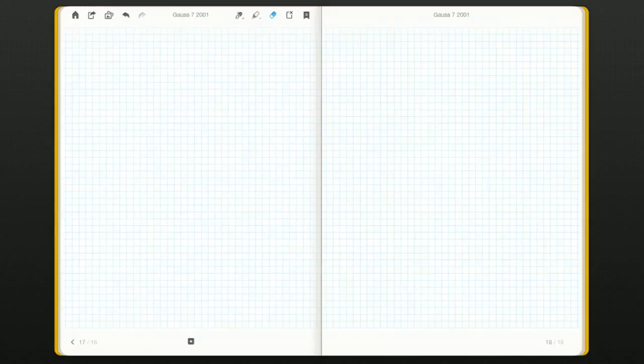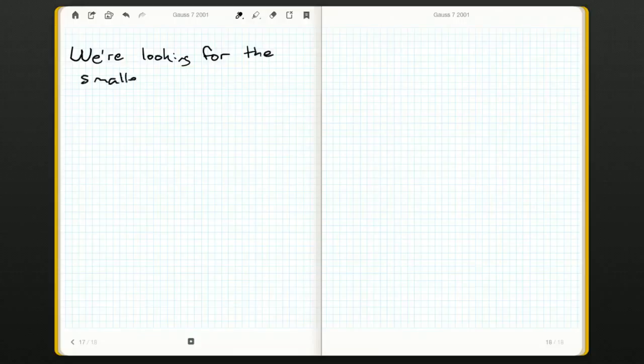Now, we're looking for the smallest square.